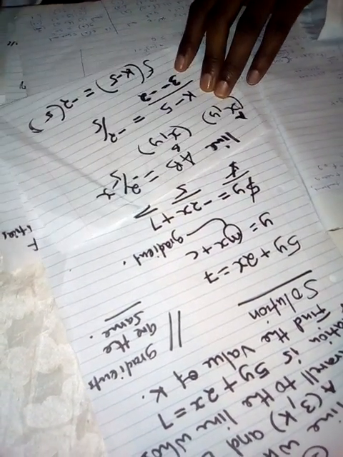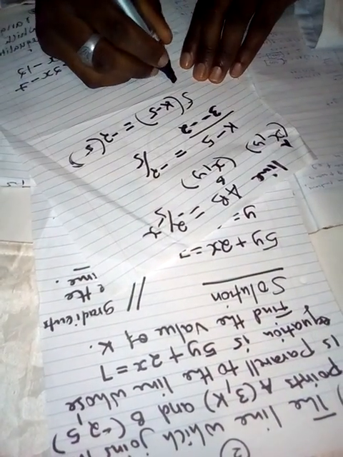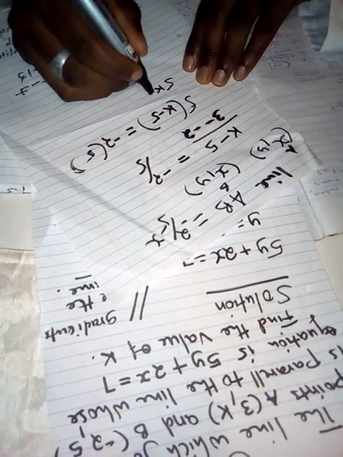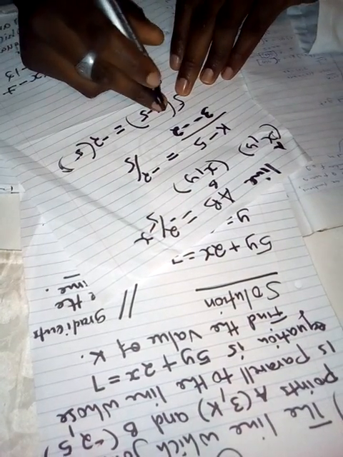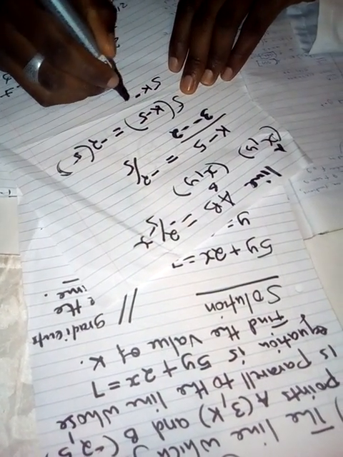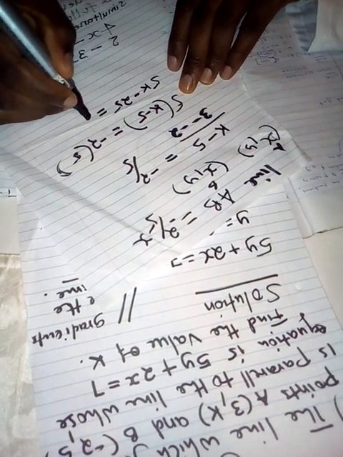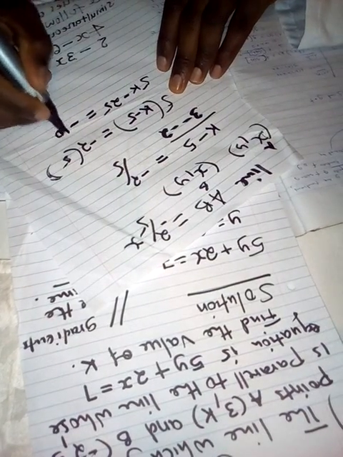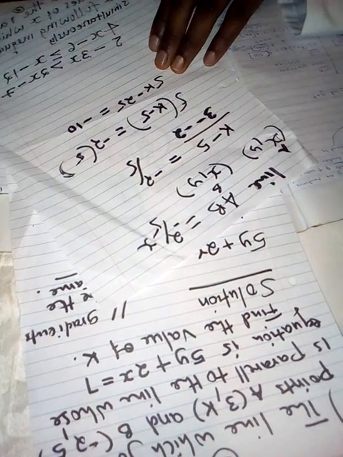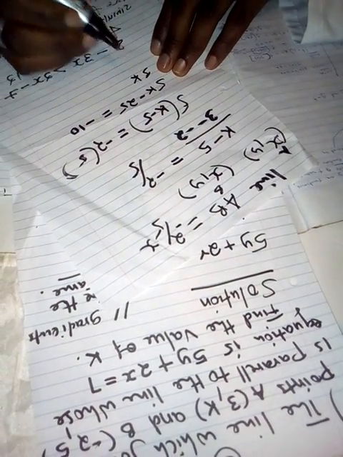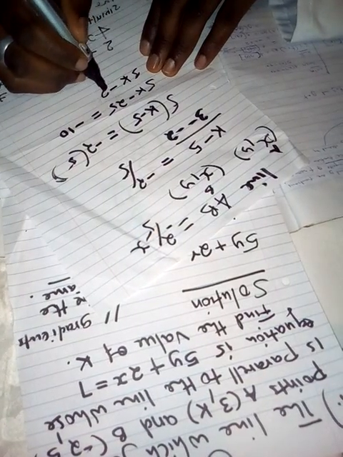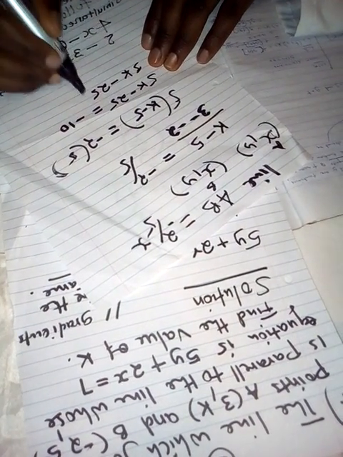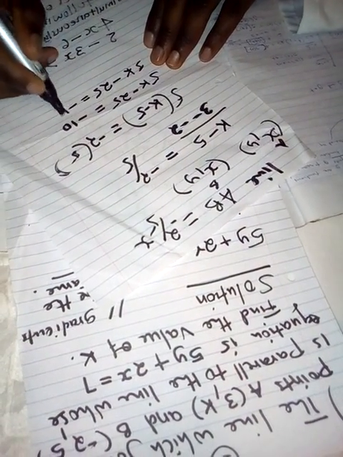Okay, so there it goes. 5k minus 25 is equal to negative 10.